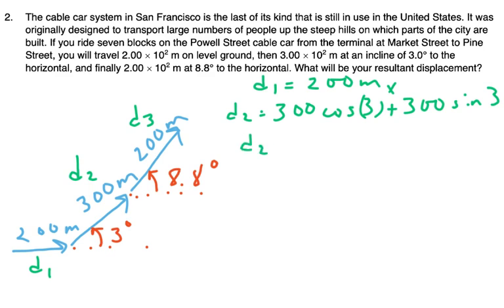So the components of D2 end up being 299.6 meters in the x and 15.7 meters in the y. Do the same thing for D3.